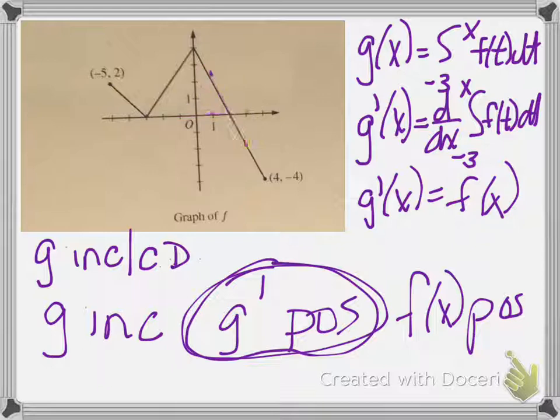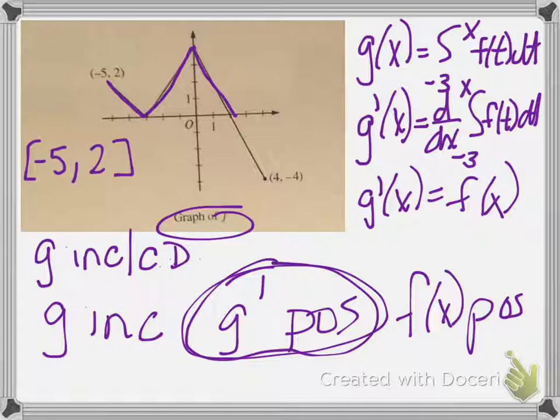Let me erase this stuff on the graph. So when is the graph of f positive? That means when is it above the axis, and so that entire place goes from -5 to 2.